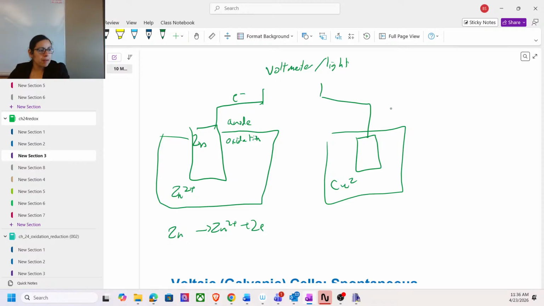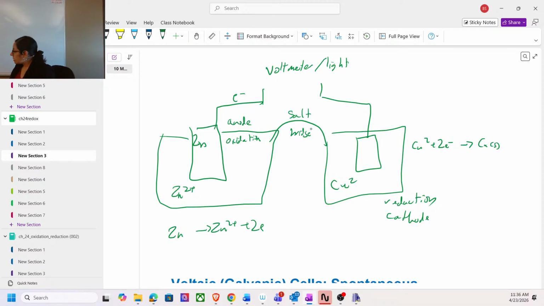So copper, and then again, right, reduction is occurring at this one, which matches. So reduction, cathode, and then a salt bridge goes between them, so those ions flow. All right, so let's do it.